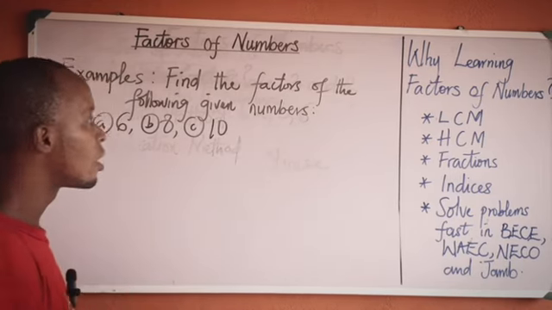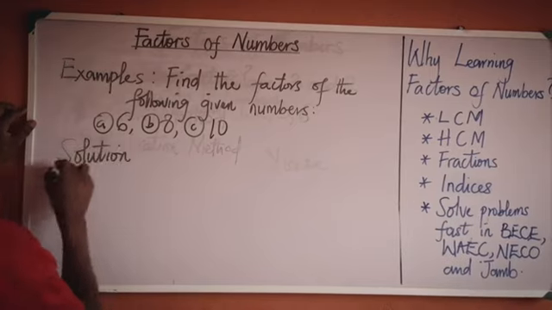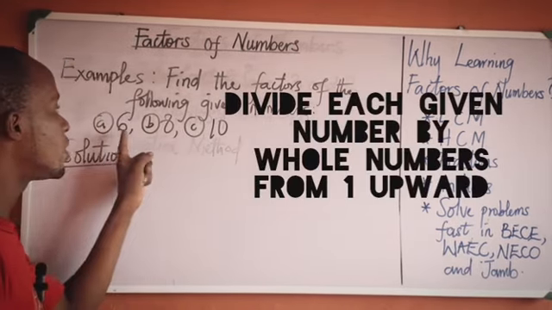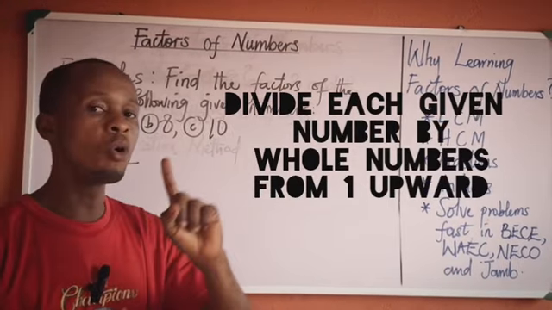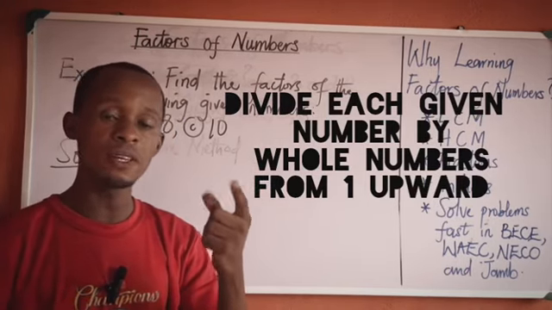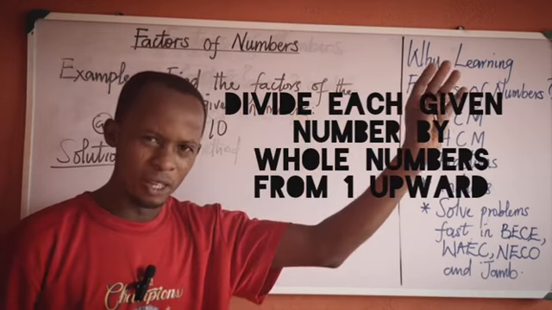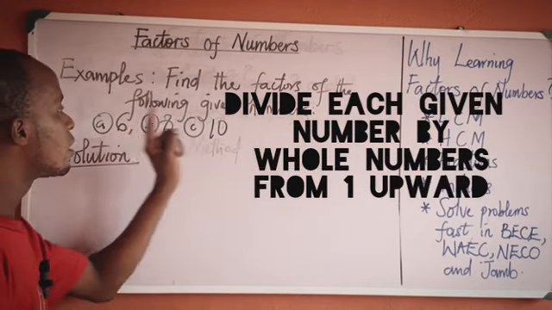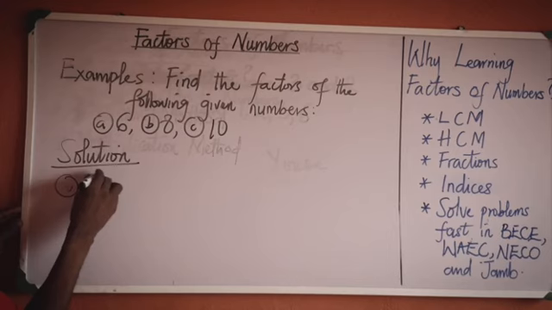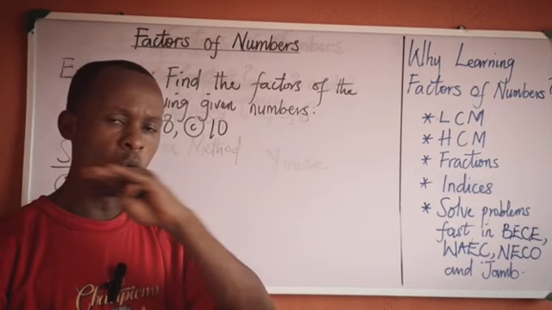How does it work? Solution. We're going to be dividing each given number by whole numbers. Whole numbers, of course, are numbers from 1, 2, 3, 4, 5, 6, 7, 8, and so on. Of course, we're going to take the first one, which is 6, and divide it by the whole numbers.